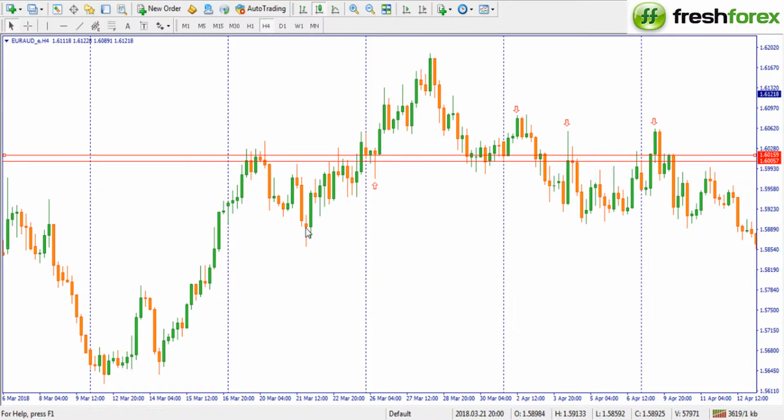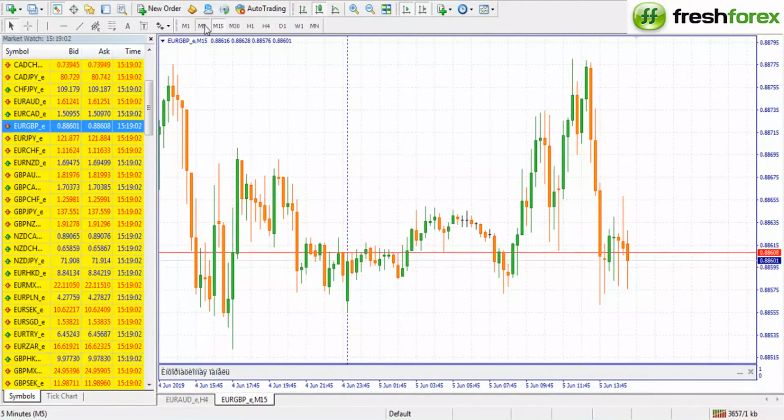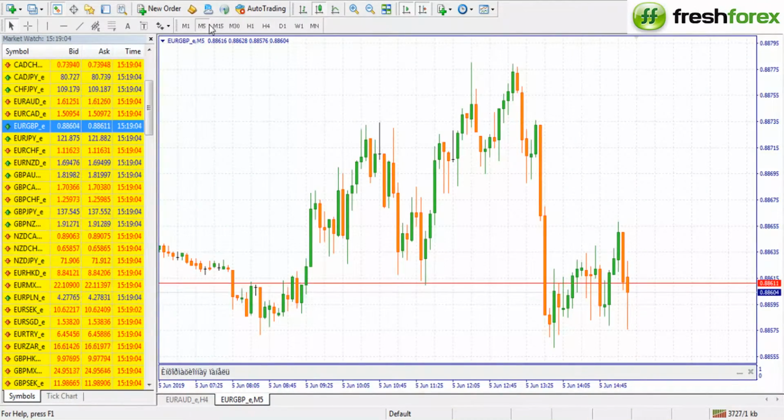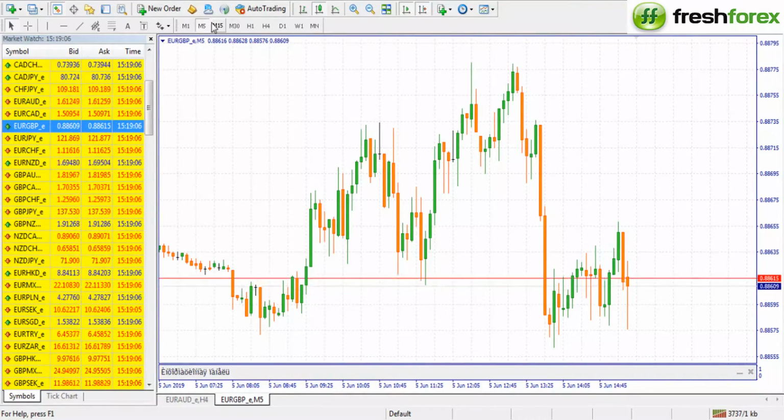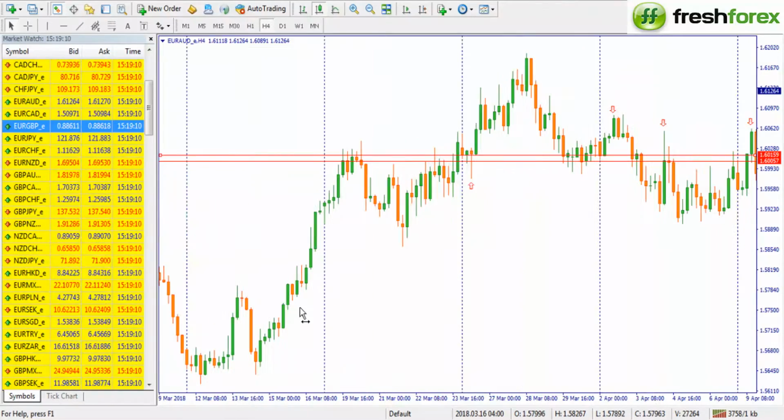So if you have something you call a key level, but that key level is not in the direction of the trend, it's probably not a key level. That's one thing you need to have in mind: if you have a key level that is not in line with the overall trend, it's not a key level.